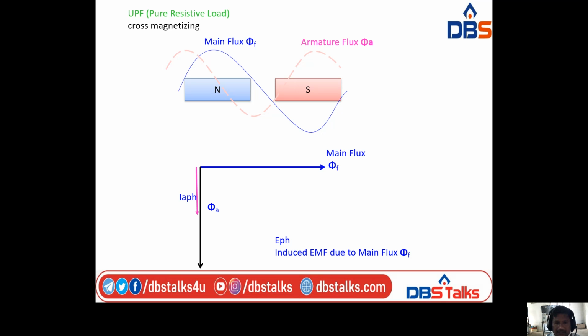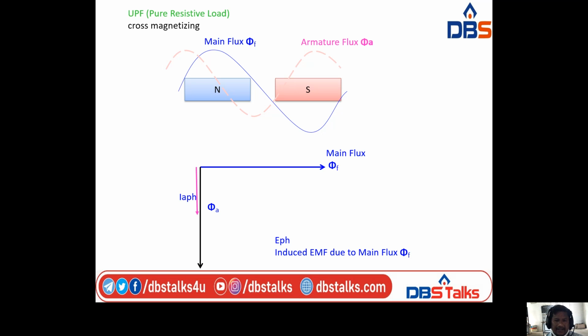Look at the figure here. The blue sine wave is the main flux and the light pink dotted line is the armature flux. The effect of armature flux on the main field flux is the armature reaction.